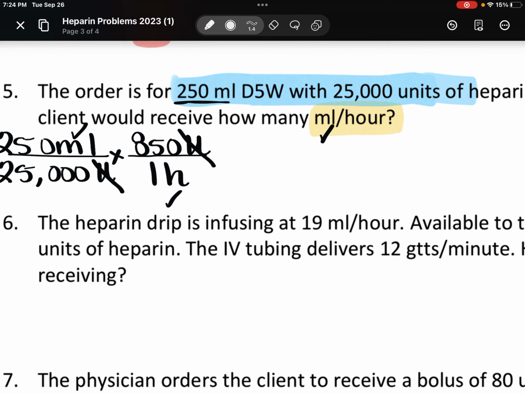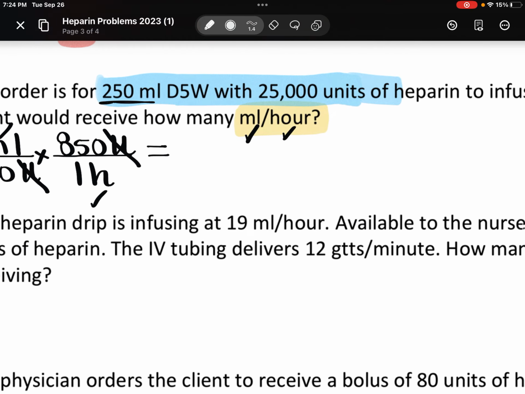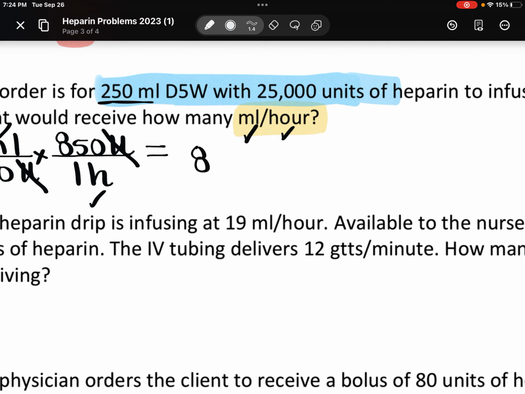That's what I'm looking for, milliliters per hour. So my dimensional analysis is finished. You would just do the math. Divide that. So I'm going to get 8.5 milliliters per hour.